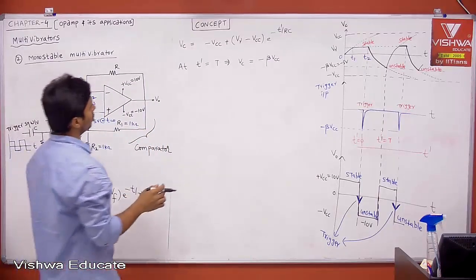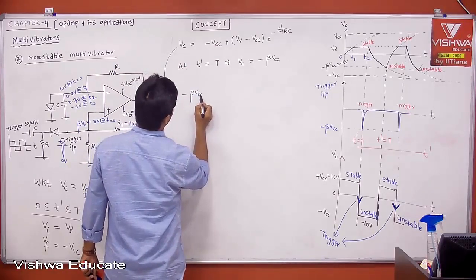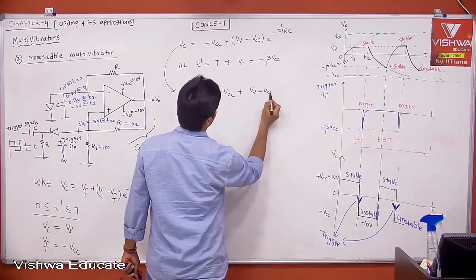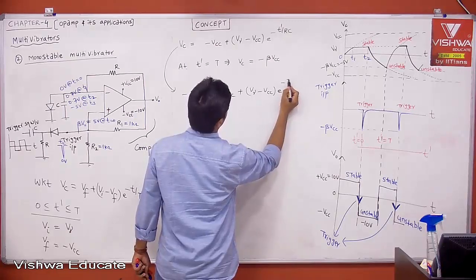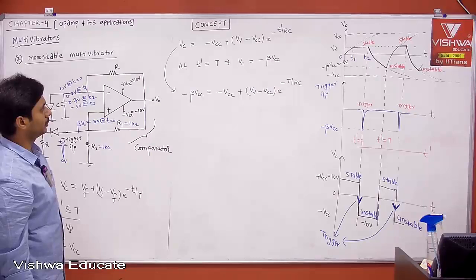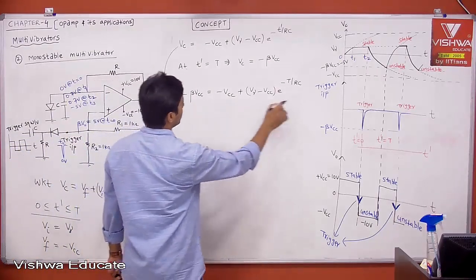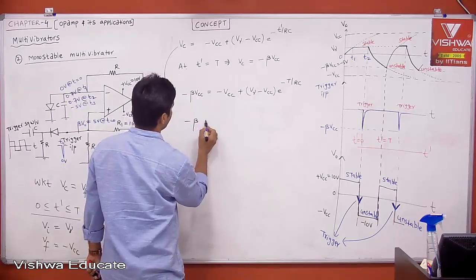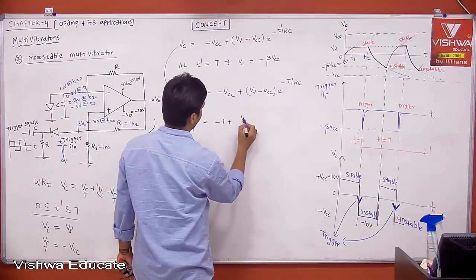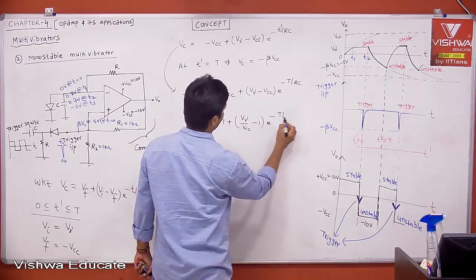Therefore, if you substitute, what you'll get? You'll get minus beta VCC is equal to minus VCC plus (V gamma minus minus VCC) into e to the power of minus T by RC. Then VCC will be cancelled, dividing by VCC everywhere. Then minus beta is equal to minus 1 plus (V gamma by VCC minus 1) into e to the power of minus T by RC.